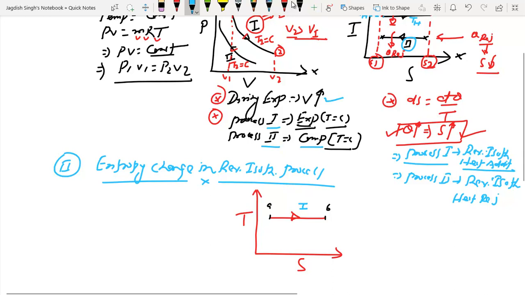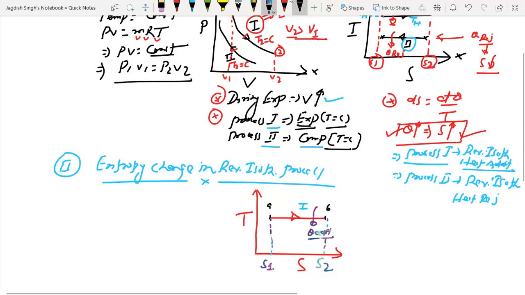In this process, heat is added. We have seen this in the previous discussion. Now let us suppose at this point entropy is S1, and at this point entropy is S2.